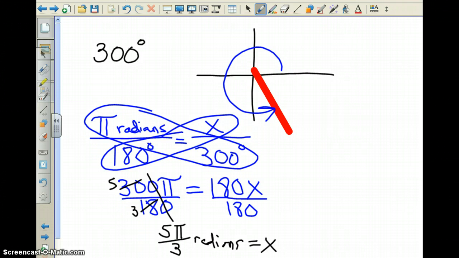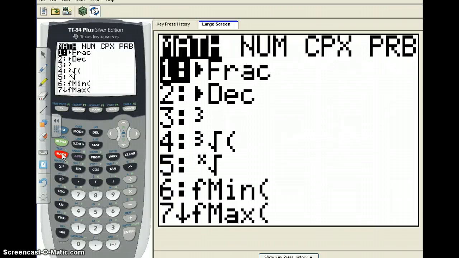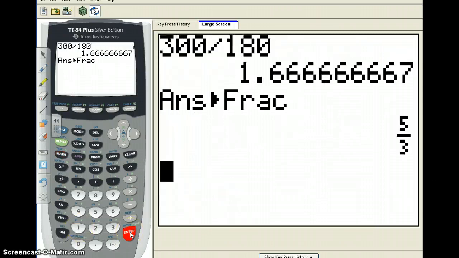So my rotation of 300 degrees is the same thing as a rotation of 5 pi over 3 radians. And keep in mind, if you don't want to reduce the 300 over 180 on your own, you can do it on your calculator. 300 divided by 180 is this, and then if I math frac that, there's the 5/3, and we stick that pi back with it, 5 pi over 3.